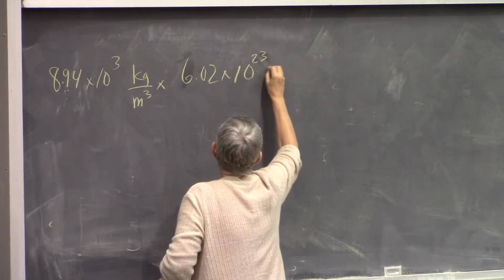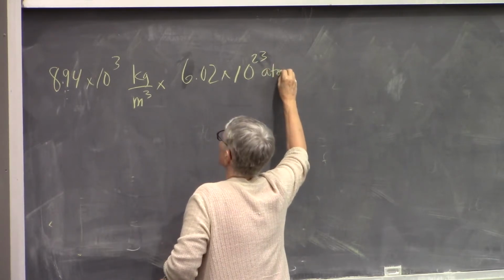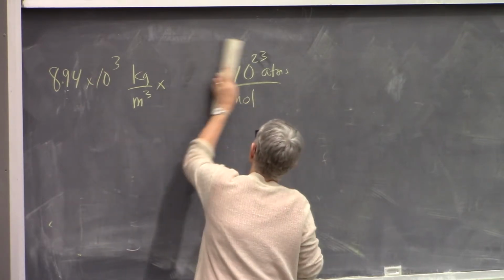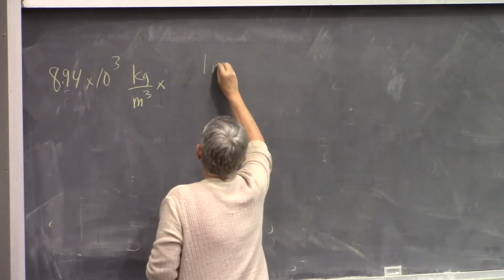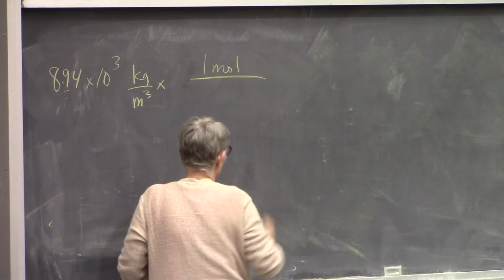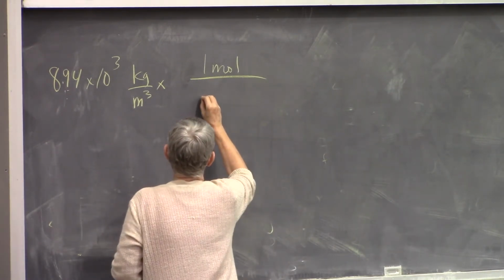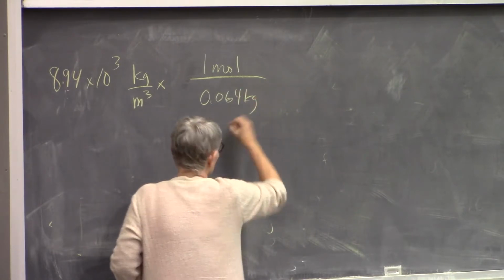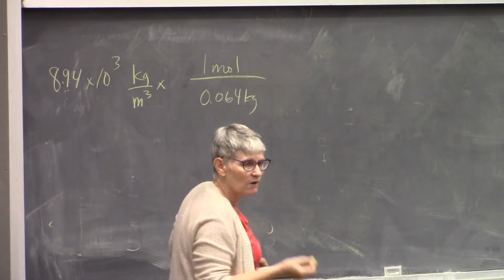6.02 times 10 to the 23rd atoms per mole, but we haven't converted to moles yet, so let's do that first. 1 mole of copper is 0.064 kilograms, so now we've got moles, right?